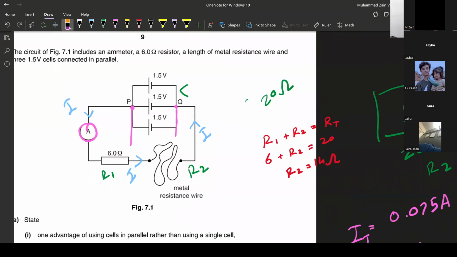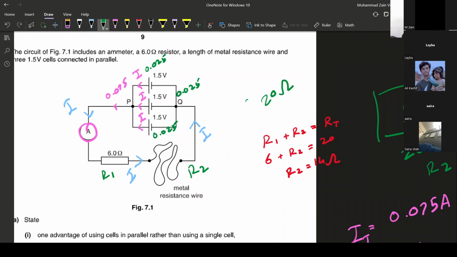In parallel circuits, there's a current flowing through each branch, and all these currents add up to the total current of the circuit. So if this is 0.075, the individual currents in all these components would have been 0.025, 0.025, and again 0.025. So that would have been the current coming out from each battery.